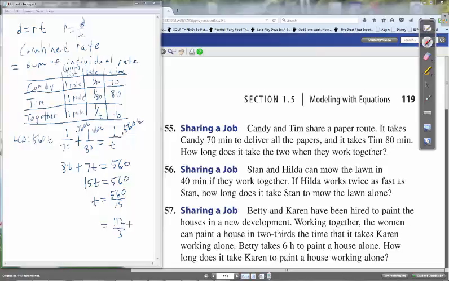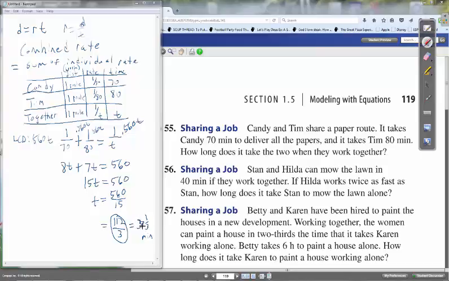But if you want an approximation for this, that is 37 1/3 minutes. This is what I would write for the exact answer. But honestly, on WebAssign, usually they ask you for an approximation.